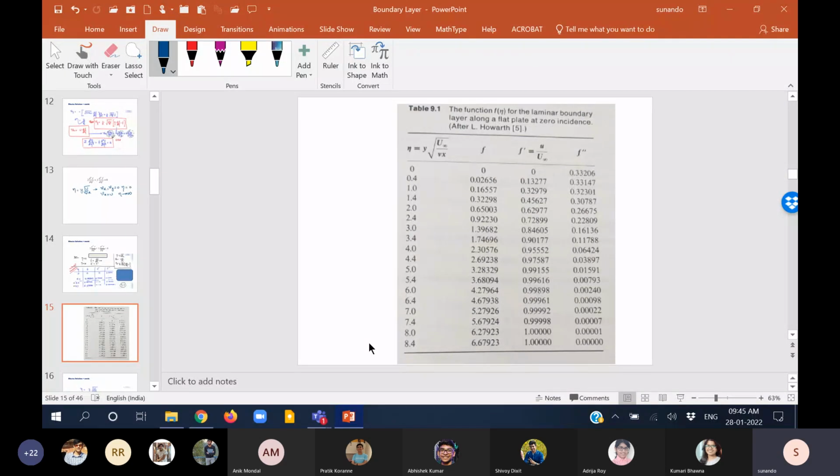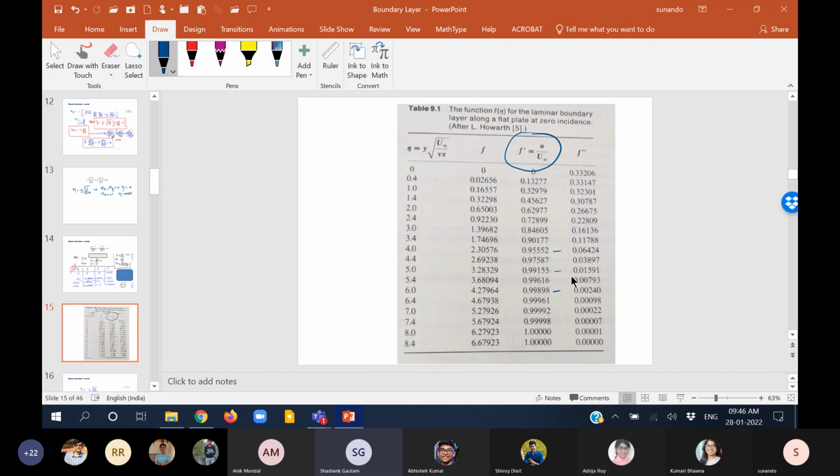Would that give you something? If you look at the top, where f prime is provided, you are considering this value, this, and this.